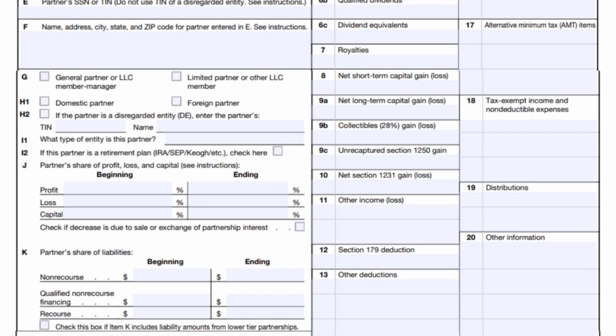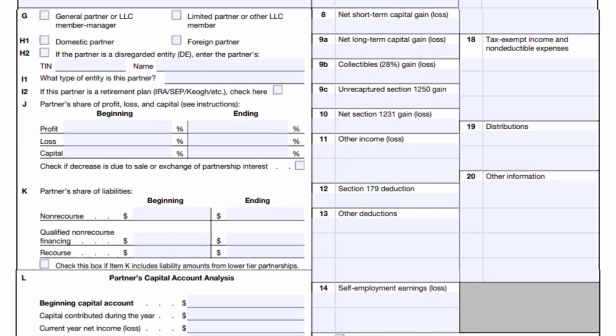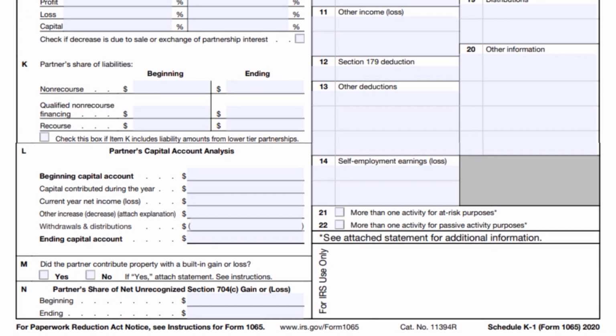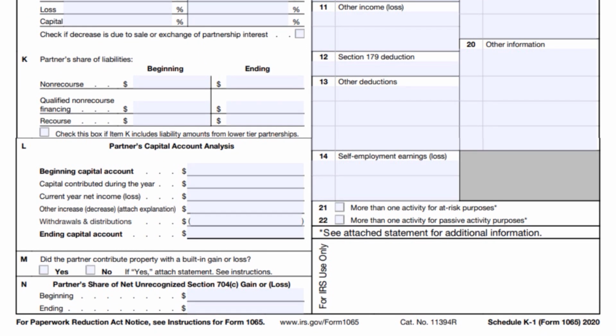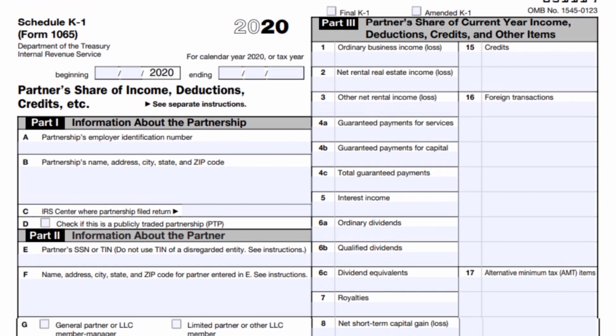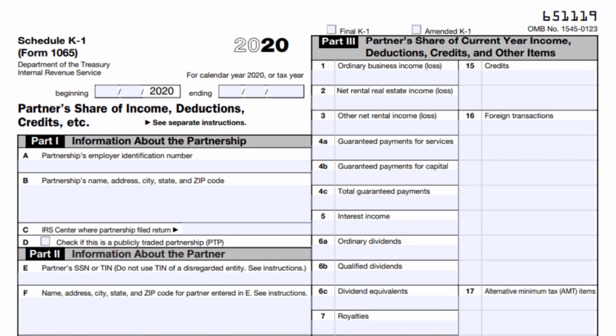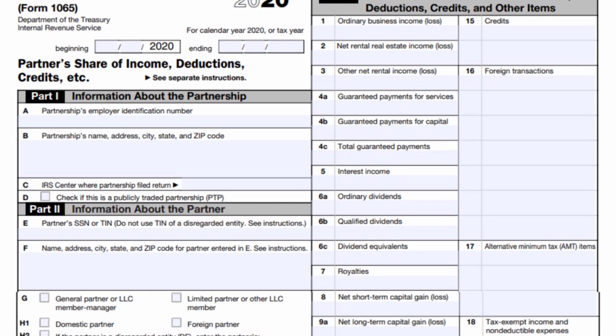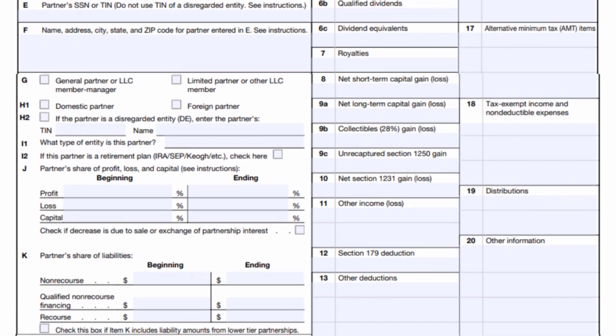We actually did an entire show on section 179, so you want to double check that. Box 13, you have other deductions. Box 14, you have self-employment earnings or losses. Box 15, you have credits. Box 16, you have foreign transactions. If you do any business overseas, you want to use this section to report your share of any income or losses you sustained in any foreign transactions you participated in.